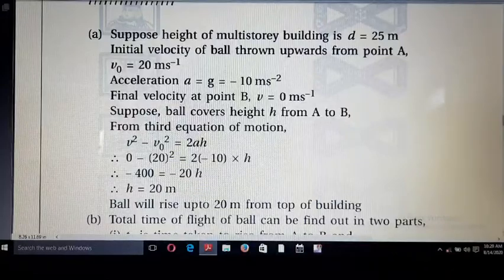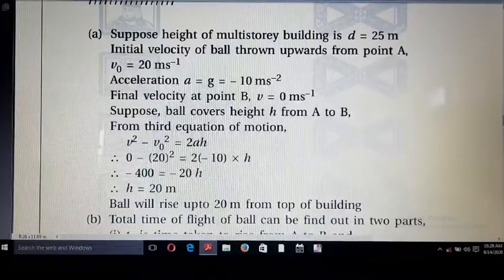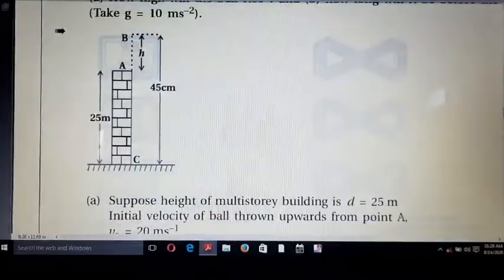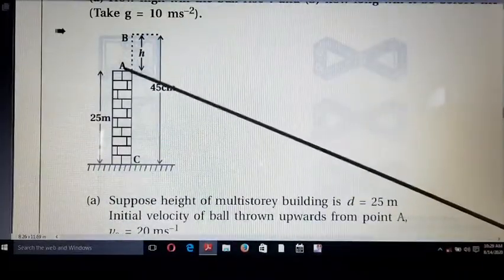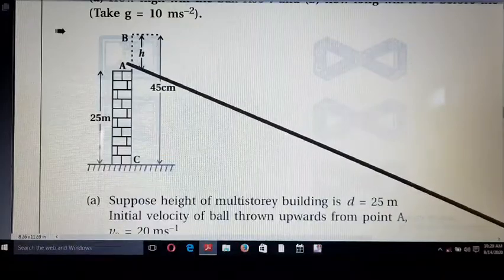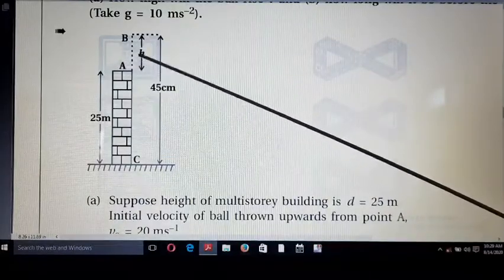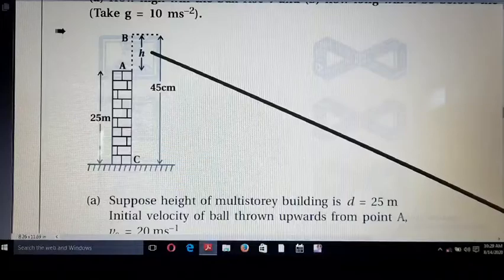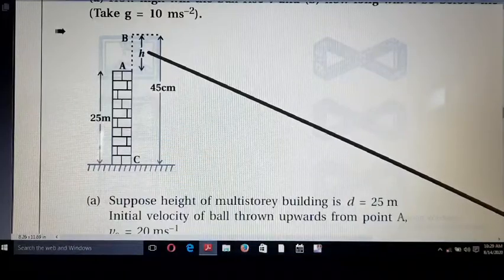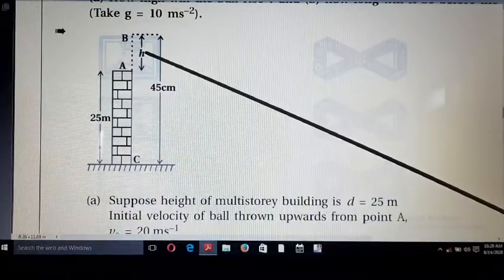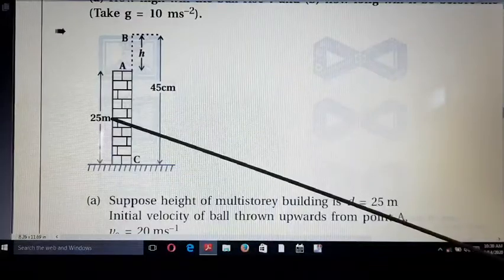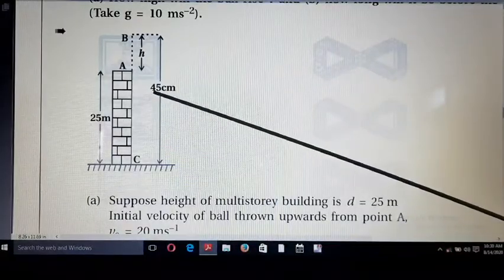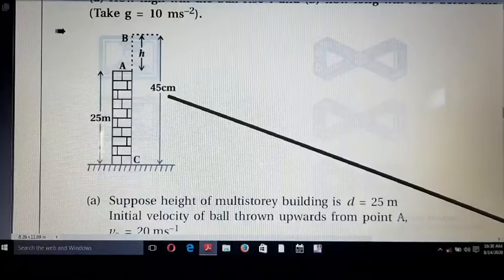So now we throw ball in upward direction. Look here in this figure, A to B. The height of A to B is equal to 20 meter. Okay. So total height from the surface is 20 plus 25 means 45 centimeter.